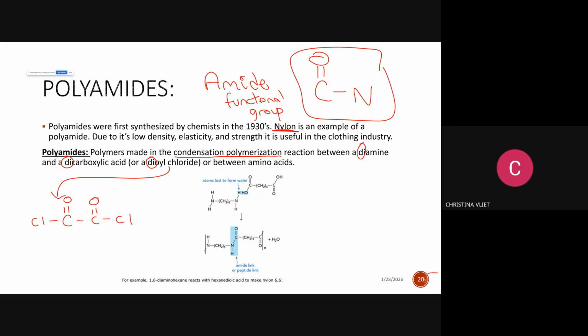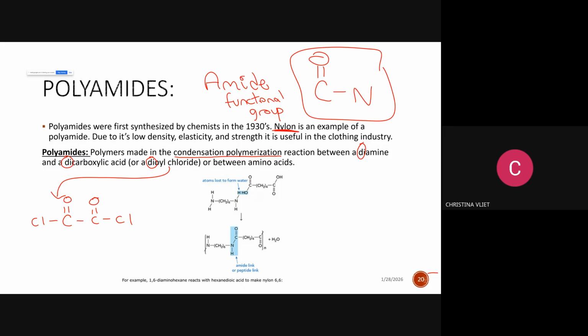It's got a COCl and another COCl. That's called a dioyl chloride. Diamines too, and then oyl chlorides we're about to go over. They're acyl chlorides. How we name them is oyl chlorides. They have a fun name.